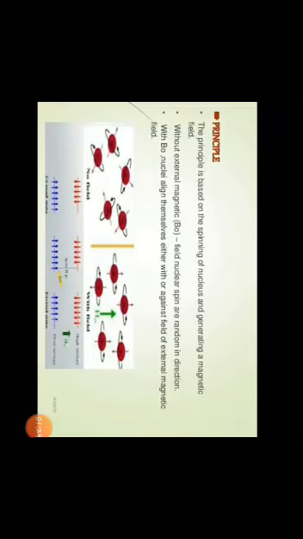Principle. The principle is based on the spinning of nucleus and generating a magnetic field. Without an external magnetic field, nuclear spins are random in direction. With B0, nuclei align themselves either with or against the external magnetic field.